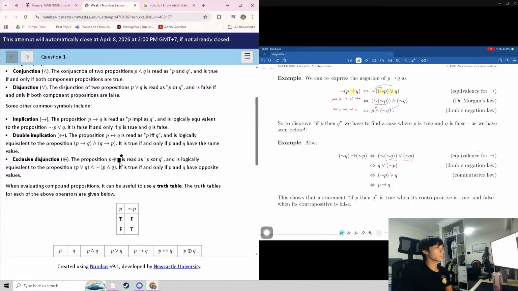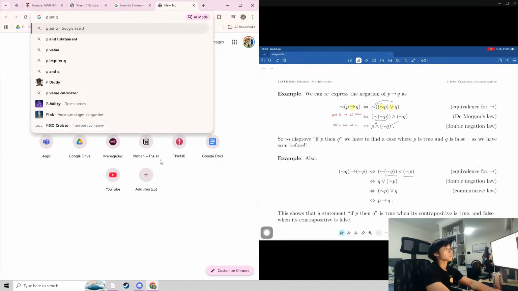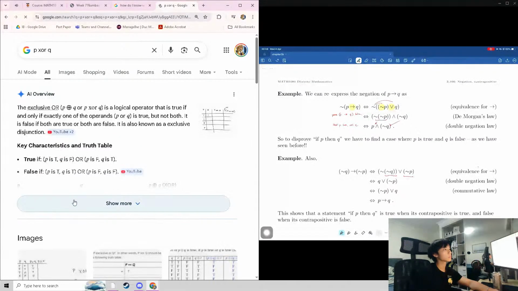The proposition, I can't read that, is read as P XOR Q. Exclusive or is a logical operator that is true if and only if exactly one of the operands is true but not both.